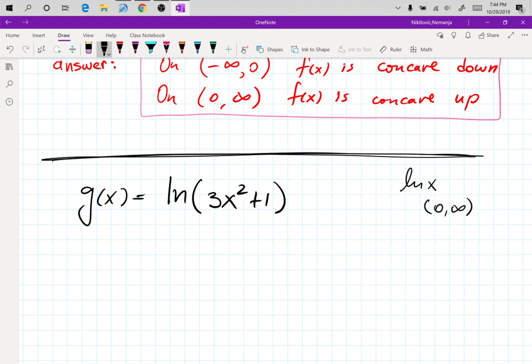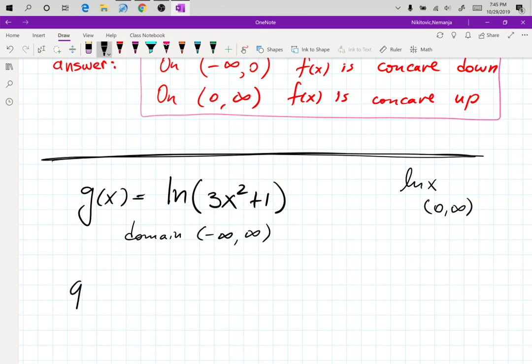But when you consider 3x squared plus 1, no matter what x you plug in, whether it's positive or negative or 0, the full parenthesis will always produce positive numbers. So your x is allowed to be anything. That's important to know before you start doing anything. So the domain is from negative infinity to positive infinity.